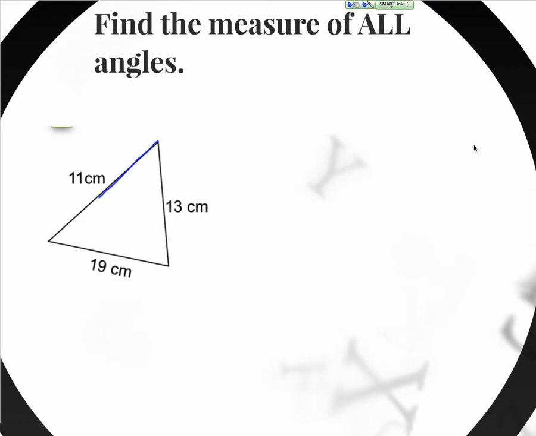So we can see this is a side, side, side situation. So since we have side, side, side, we are going to use the other formula. So I'm just taking it straight out of the packet.